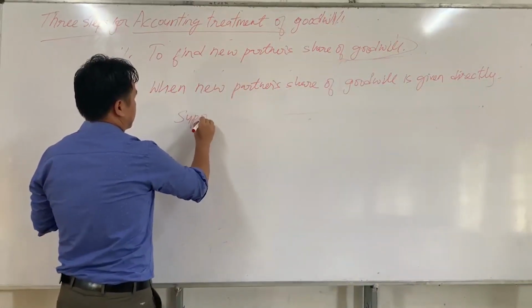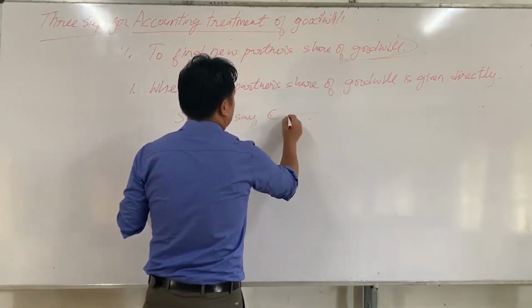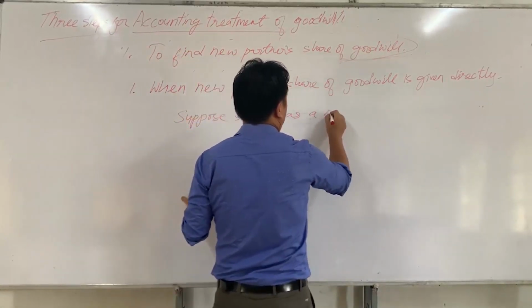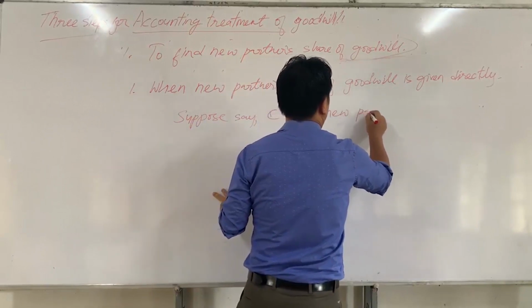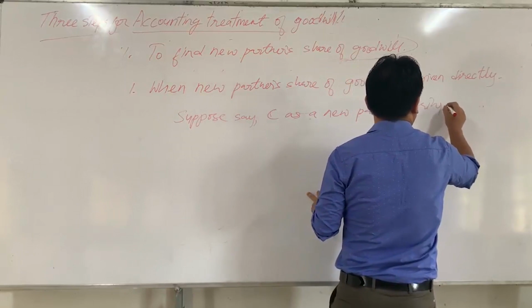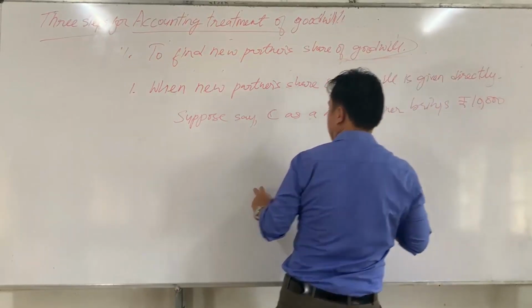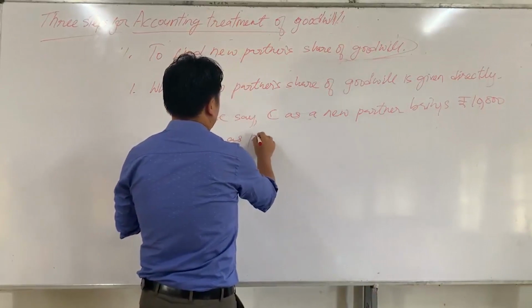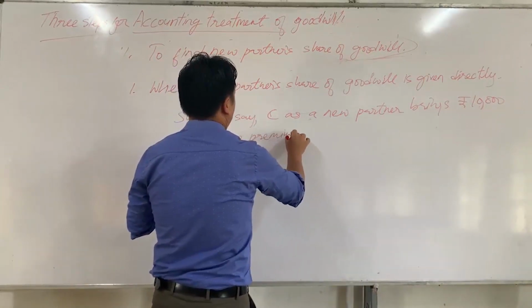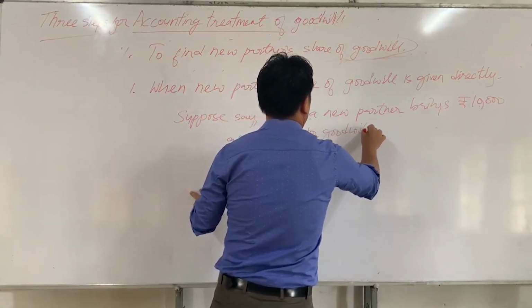Suppose say C as a new partner brings rupees 10,000 as premium for goodwill.